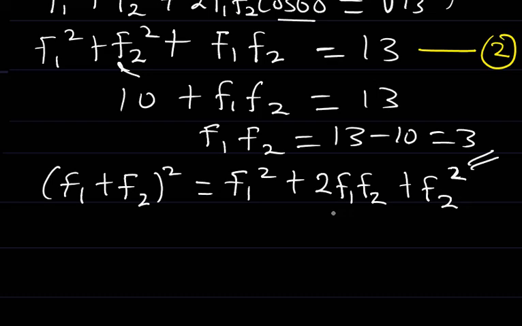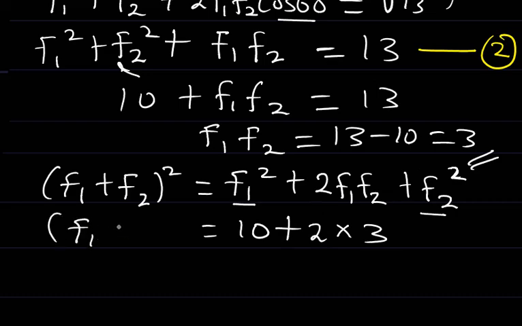Now, if that being the case, F1 square plus F2 square is already 10. Then, of course, 2 times F1 F2 is 3, that is 2 times 3. So that is going to give us F1 plus F2 all square.